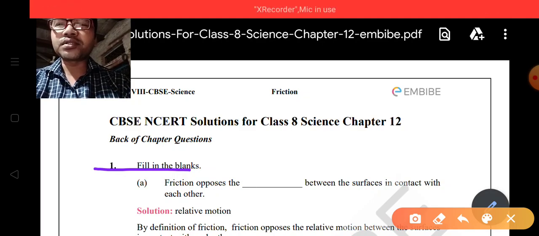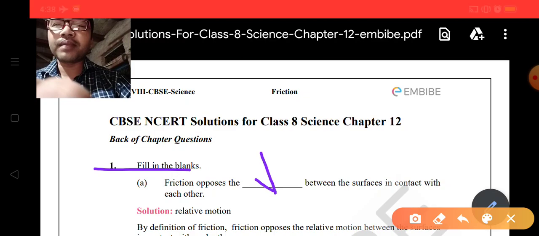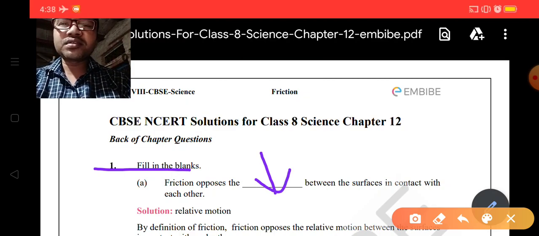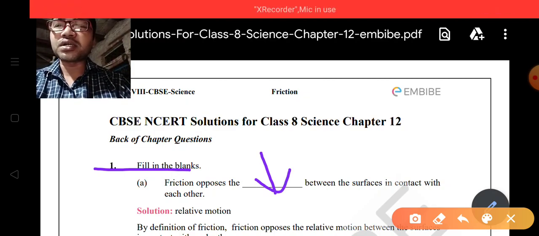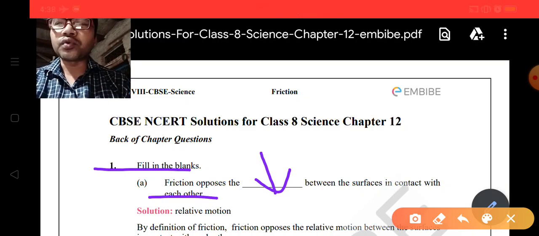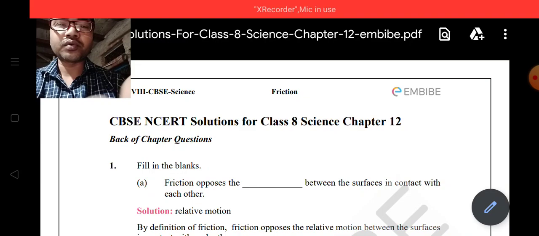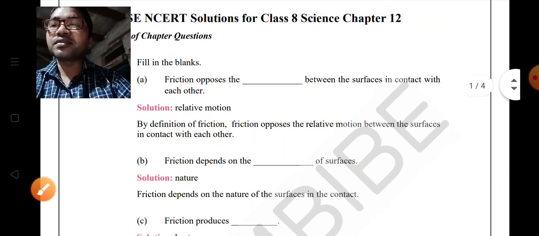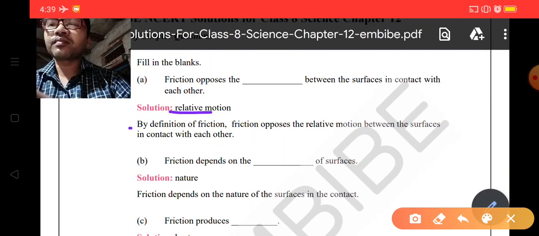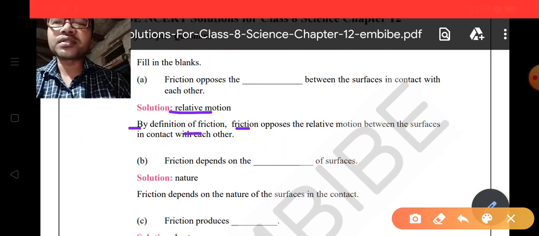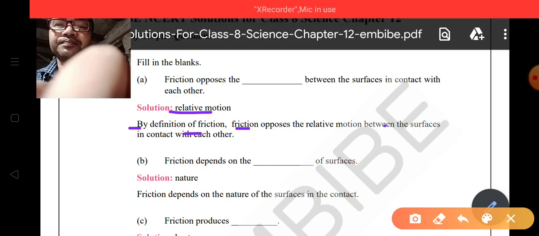Friction opposes the, now you have to fill in the blanks here, between the surfaces in contact with each other. So friction opposes the relative motion. The answer is relative motion. By definition of friction, friction opposes the relative motion between the surfaces in contact with each other.